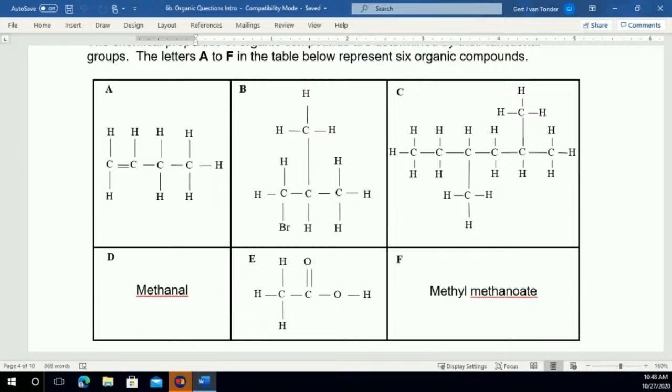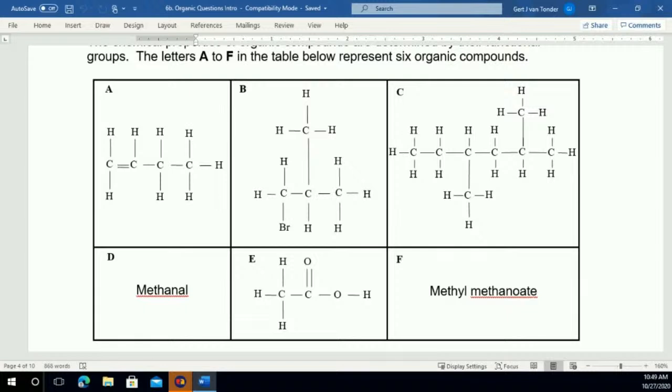For D, I look at the group and I see it's an aldehyde. I look at the next one, I see the double bond oxygen, the carbonyl group, and the OH, that is a hydroxyl group. Together the 2 form a carboxyl group. There are 2 carbons, so it is ethanoic acid.